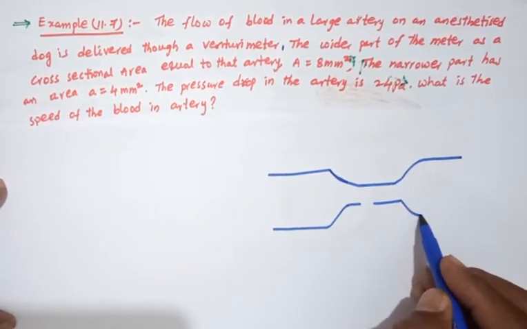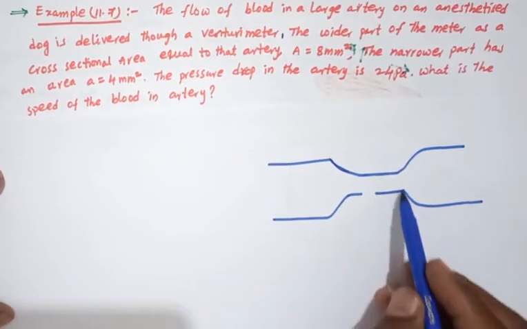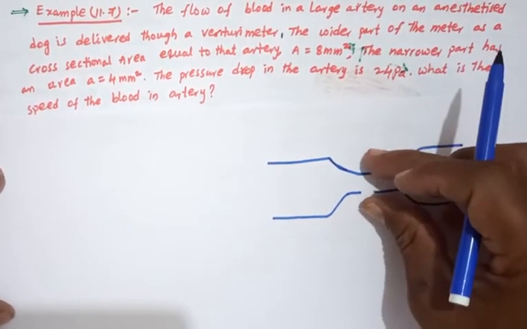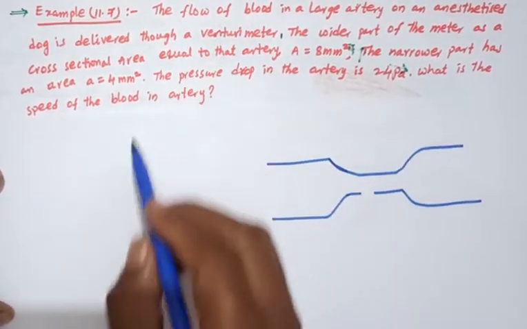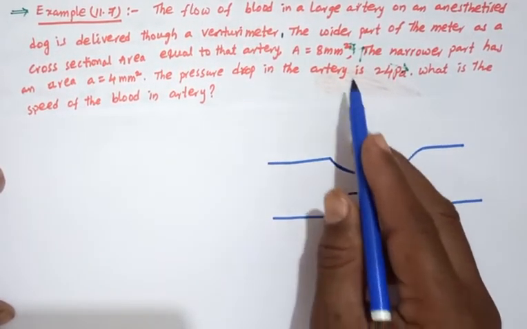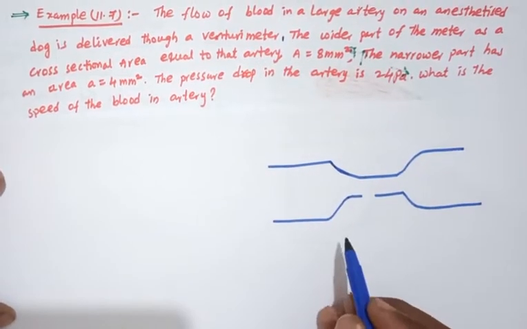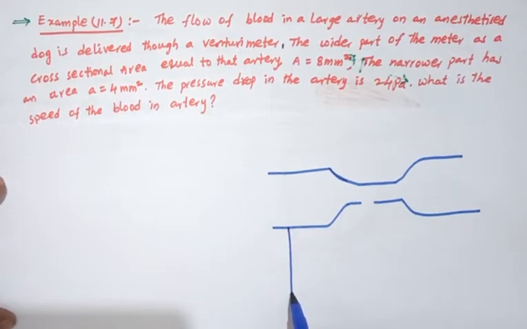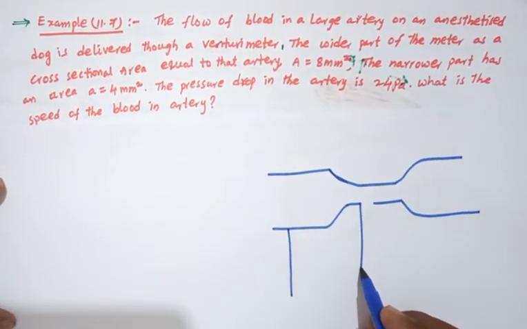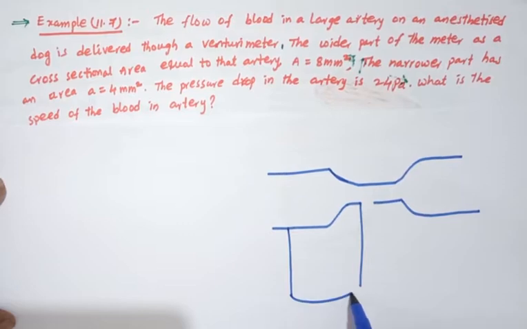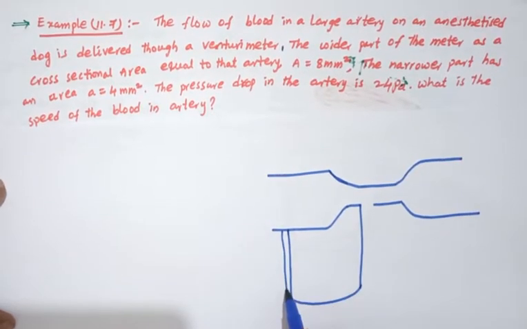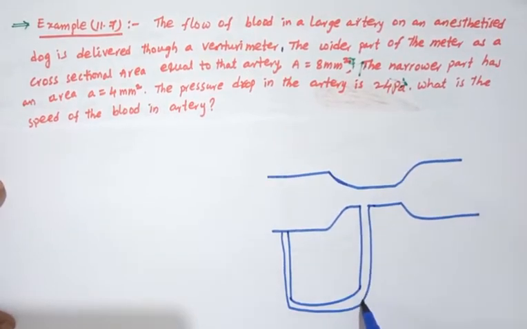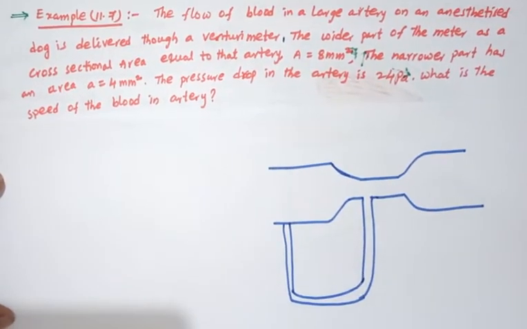An artery is like here. This narrow shape is where the artery decreases due to the accumulation of plaque. Okay, so it is connected with a U-shaped tube, like a venturimeter.